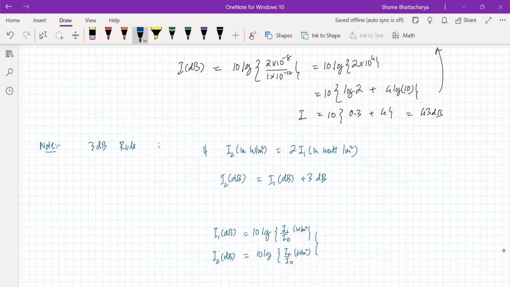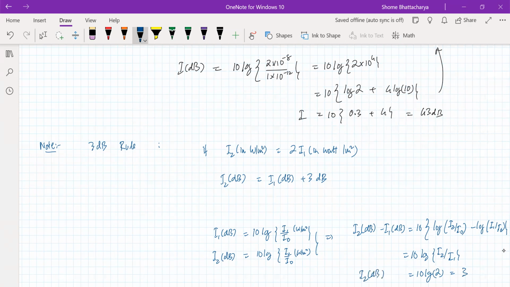So if you subtract these two equations, I2 in decibels minus I1 in decibels is equal to 10 log I2 by I0 minus log I1 by I0, and that is 10 log I2 by I1. So that is 10 log 2. So that is 3. So I2 in decibels minus I1 in decibels will be 3 dB, provided the ratio of I2 and I1 in watts per meter square is double.